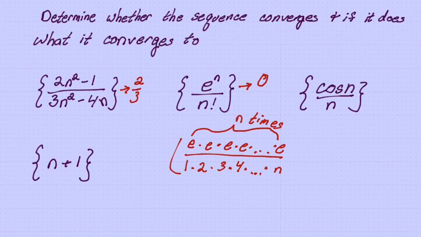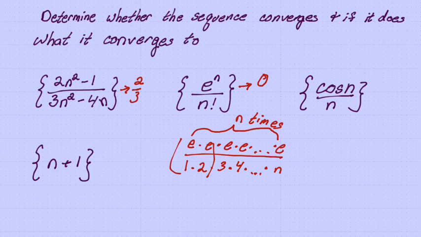And now maybe the first couple are things greater than 1, but after that, e over 3, e over 4, e over 5, and so on, are all values less than 1, so it's the product of a larger and larger number of things that are between 0 and 1 and are also going to 0. So for both of those reasons, this is going to go to 0.